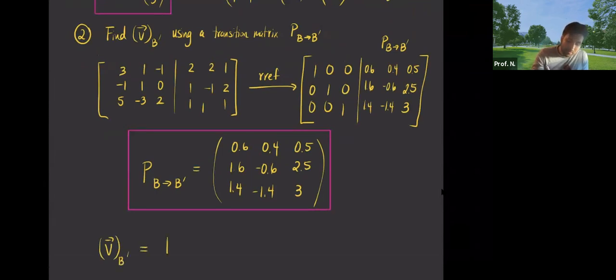So I have to multiply this by the transition matrix and then multiply that by the coordinate vector of the old. So the coordinate vector relative to the new basis will be 0.6, 0.4, 0.5, 1.6, negative 0.6, 2.5, 1.4, negative 1.43.